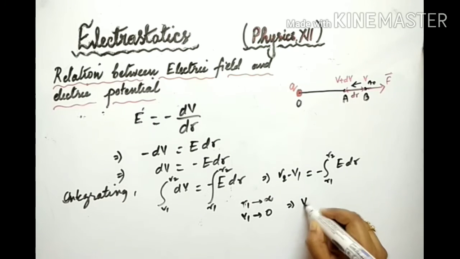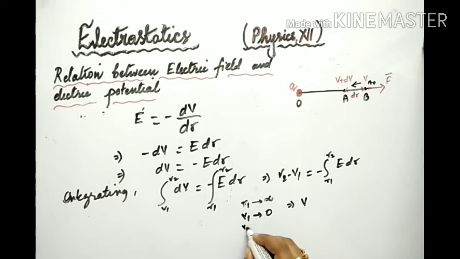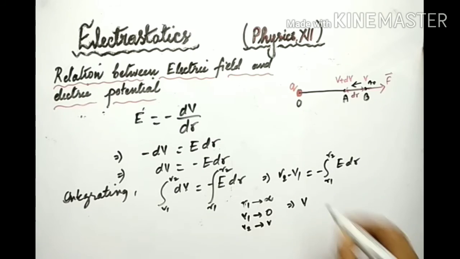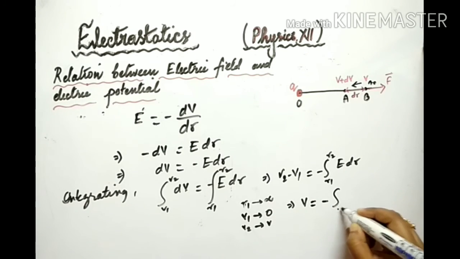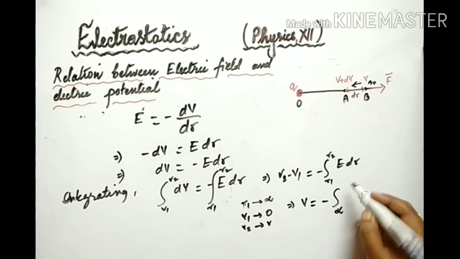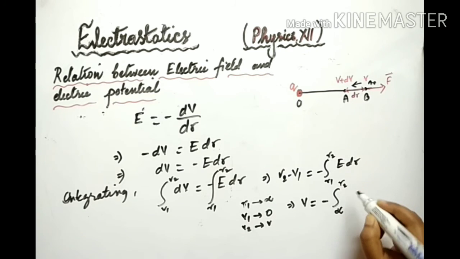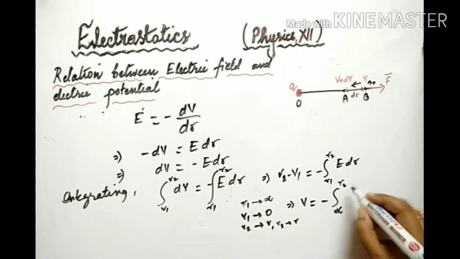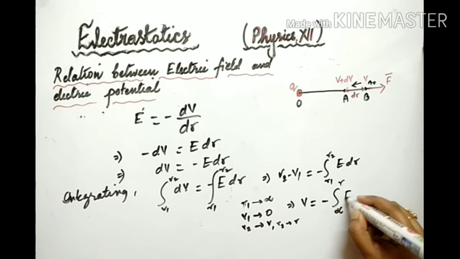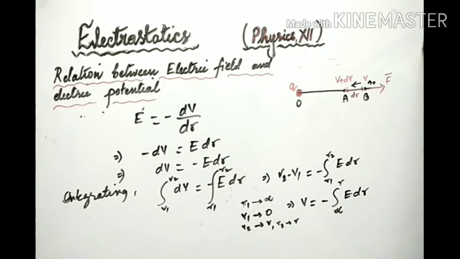You write V2 as V. So then V can be written as minus integration infinity to r2, and r2 can be written as r. So we write it in this manner, E dr. Okay, so in this manner we can write.